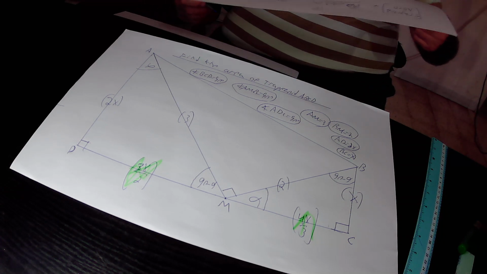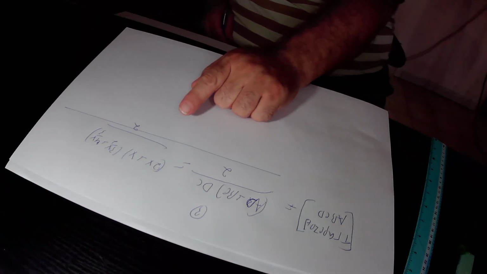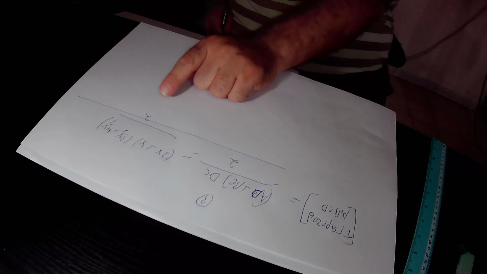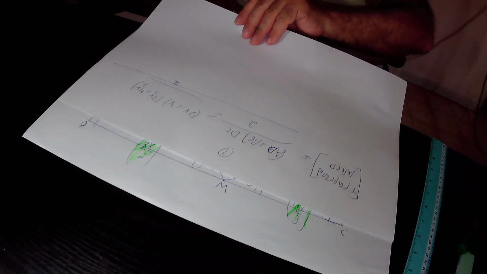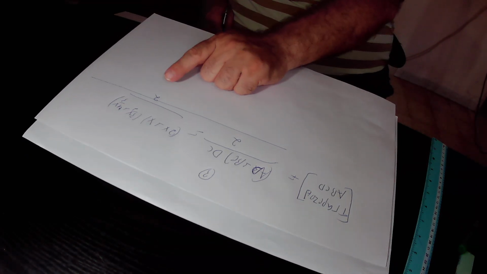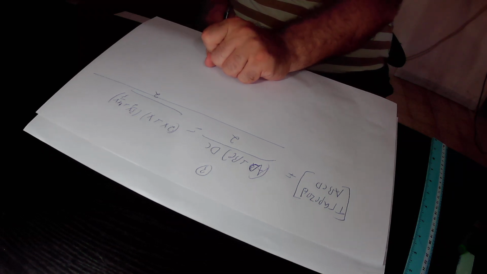So now we found that the area of trapezoid ABCD equals 2x plus x, the sum of its two parallel bases, times the height. The height, side DC of trapezoid ABCD, equals 3x over 2 plus 4x over 3, divided by 2.